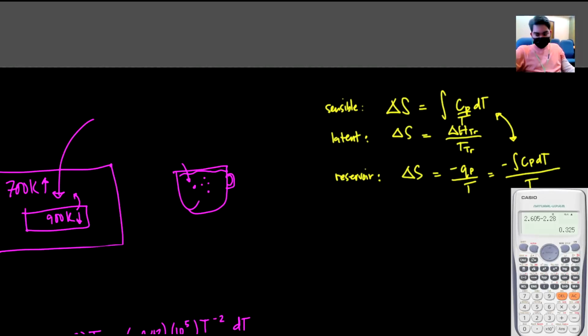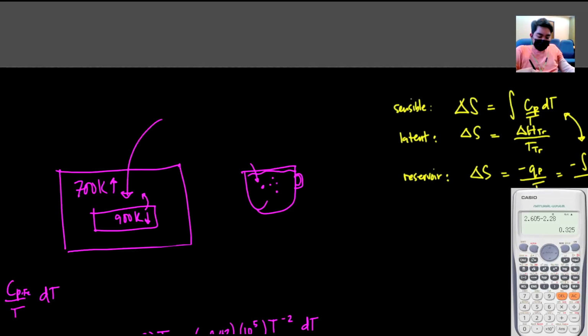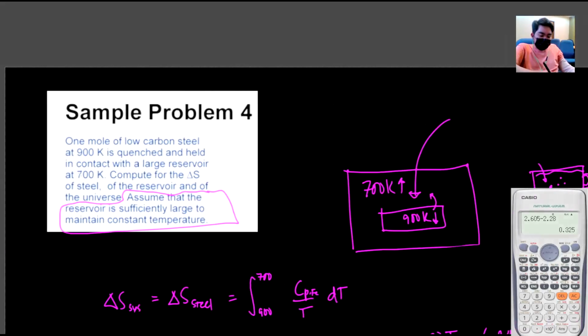Sa pagkuha, sir, ng standard entropy for the surrounding, yung T natin doon is always TF, yung T final. Kasi di ba, tama ba pagkakaintindi ko? Kasi isa lang naman yung T. So, whatever T, the reservoir is. So, for example, kung, okay, sige, tama. Isa lang naman yung T, which is this one.